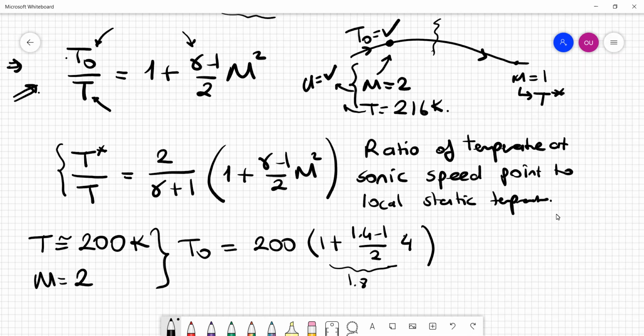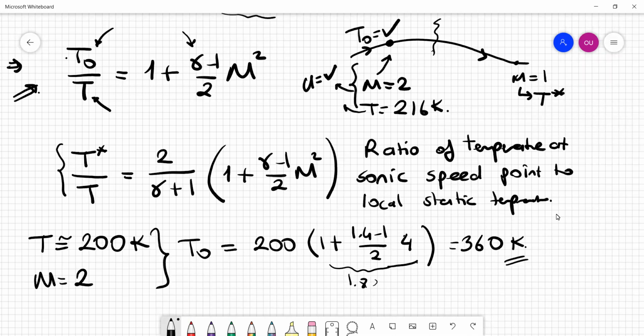This whole thing is 1.8 times 200, so it will be equal to 360 Kelvin or so. Yeah, 360 Kelvin. It's not that high.